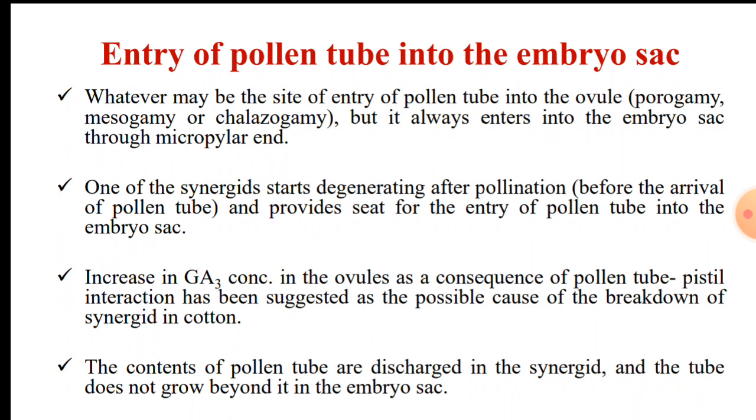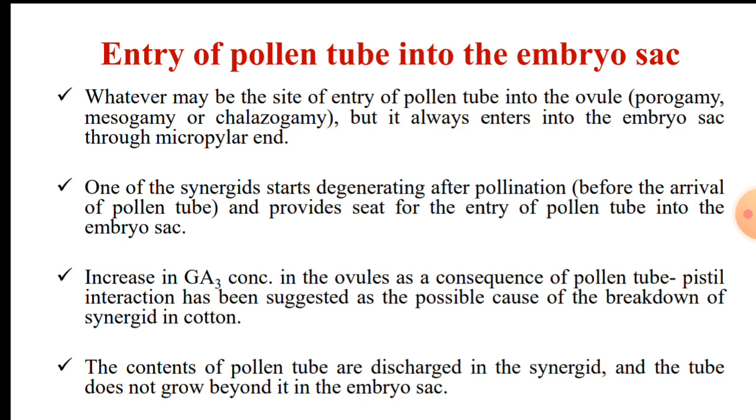There are synergids in the egg apparatus which is present in the micropylar region of the embryo sac. There are two synergids and one egg cell.